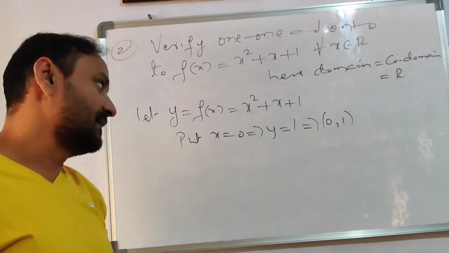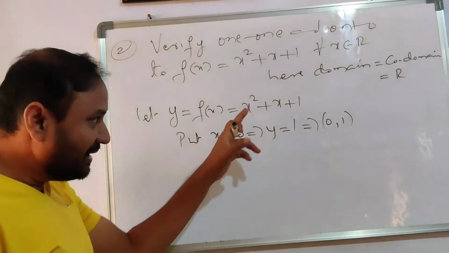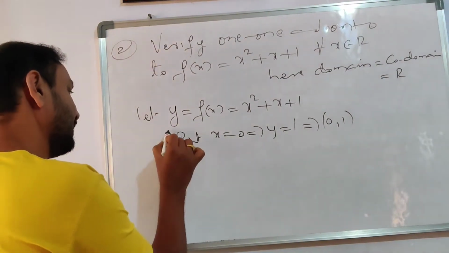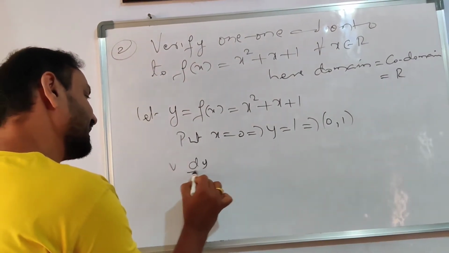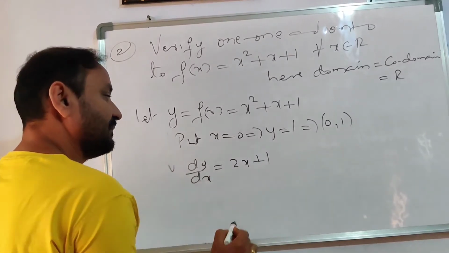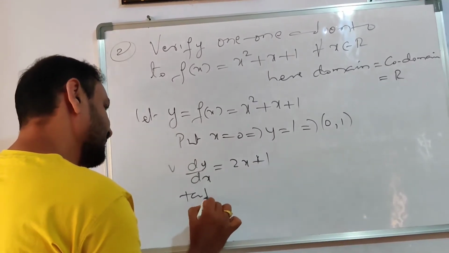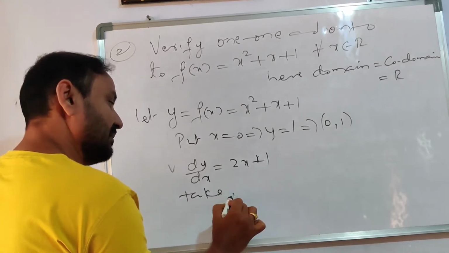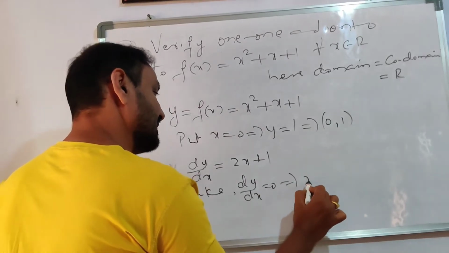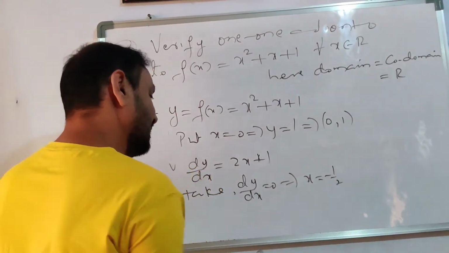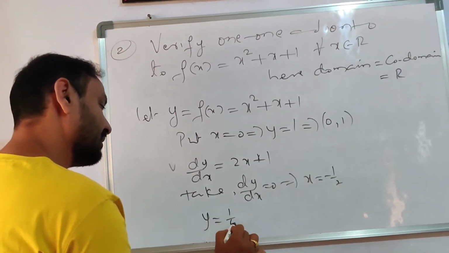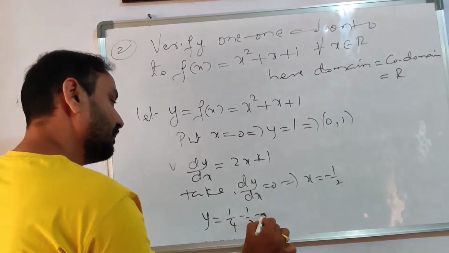And for finding the vertex, we need the slope of the graph. dy by dx is equal to 2x plus 1. Take slope equal to 0, that means dy by dx is 0, that is x equal to minus 1 by 2. Find y: y is equal to 1 by 4 minus 1 by 2 plus 1.